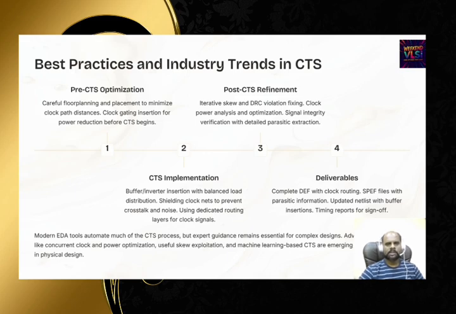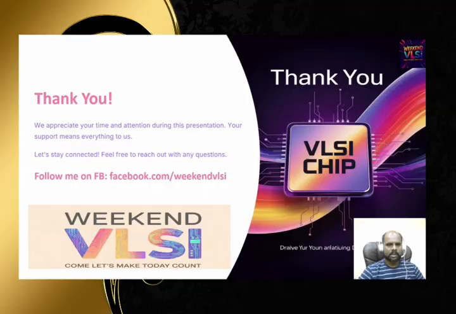So this is just a summary of what we do in clock tree synthesis. It needs a lot of expertise in clock tree for closing the designs, because achieving all these parameters is not very easy in a complex circuit. So that's it I have.